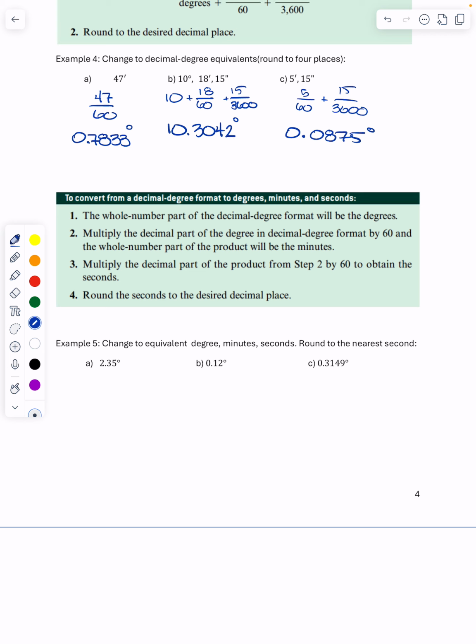So here, I'm going to take my 0.35, and I'm going to multiply it by 60. When I do that, I get 21. So by multiplying by 60, I'm converting this decimal to minutes. This gives me 2 degrees, that was the whole number part, and 21 minutes.